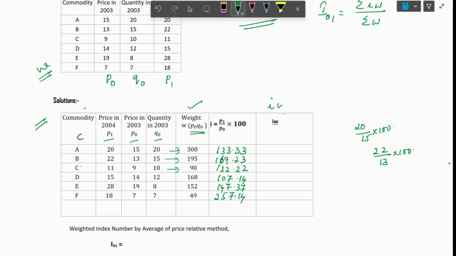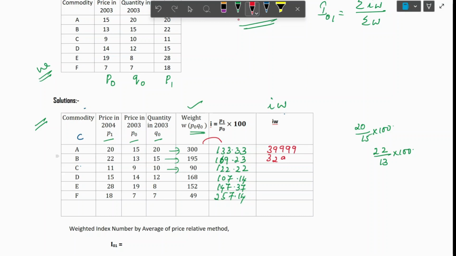After completing I, what you are going to do? You are going to multiply I with W. That means quite bigger numbers are coming. Multiplying 300 into 133.33, you are going to get 39,999.